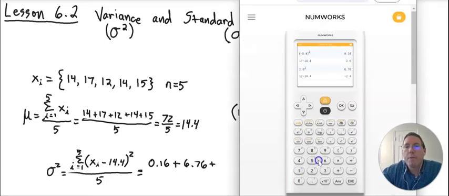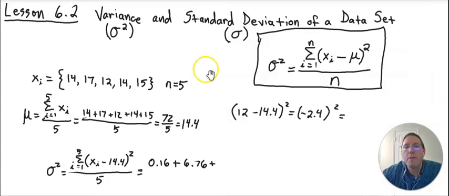So we have parenthesis, negative. Now, anytime you square a negative, you've got to use the parentheses. Otherwise, it's not going to square the negative. So negative 2.4 squared, and that's going to be 5.76. Okay, so this is going to be 5.76.